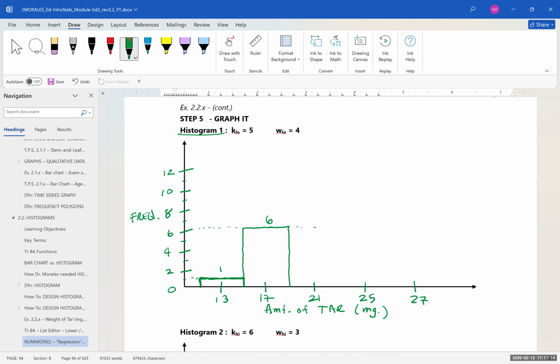Class 3 had a frequency of 10, so I'll go up to 10 between these two midpoints. Class 4 also had a frequency of 6, so I can just keep coming over this way and come up between these two midpoints. And there's my 4th class. And then my 5th class had a frequency of 2.